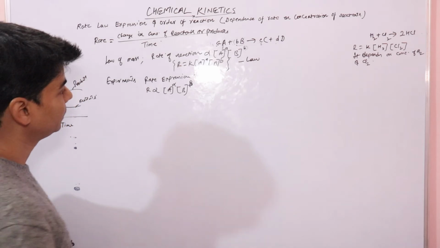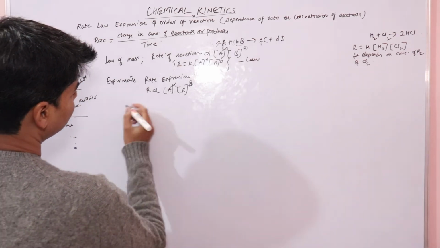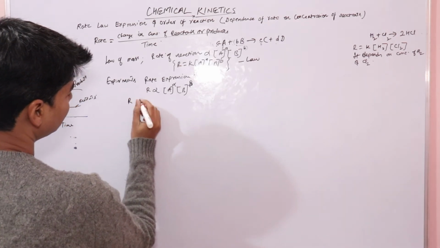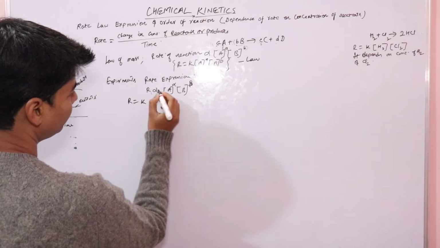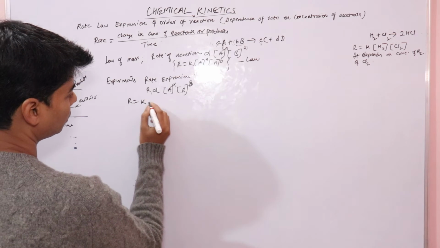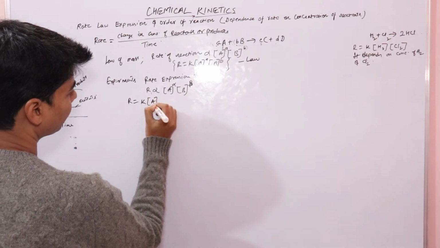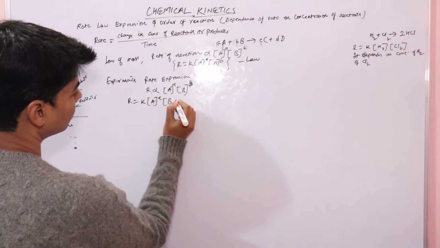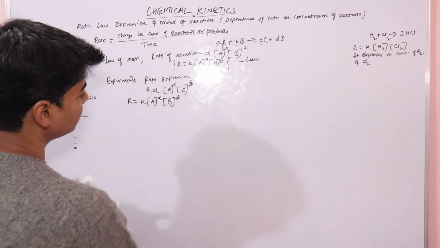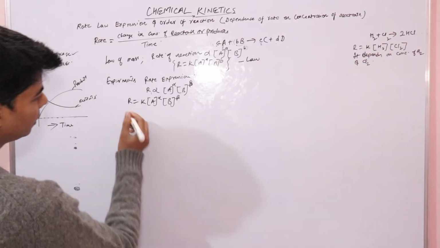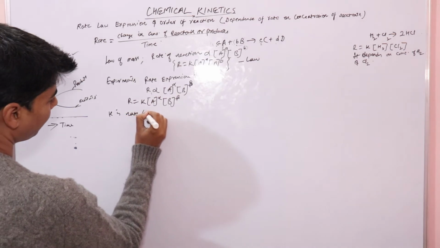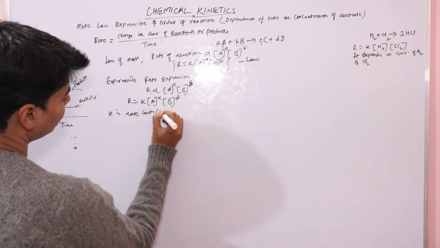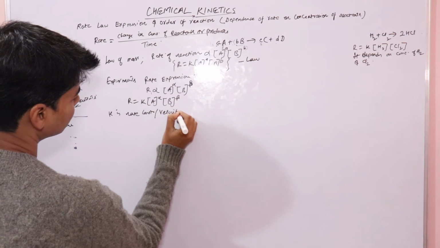Which means, as per the experiment done, if I remove this proportionality sign, I'll put a constant K, and here I write alpha and beta in place of a and b. So K is your rate constant, or we also call it the velocity constant.